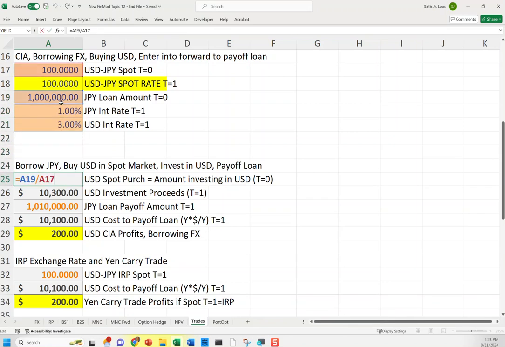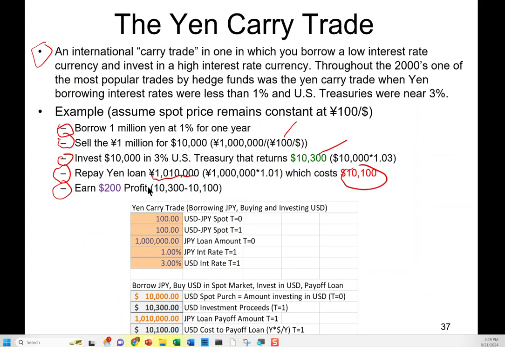So I borrow that 1 million yen, I immediately sell it at 100 to 1 and get $10,000, and invest in a 3% treasury and get $10,300. Then I owe, at the end of the year, 1.01 million yen, and if the exchange rate stays at 100, that'll cost me $10,100, and I have a $200 profit. So that's the yen carry trade, where I'm borrowing a foreign currency.